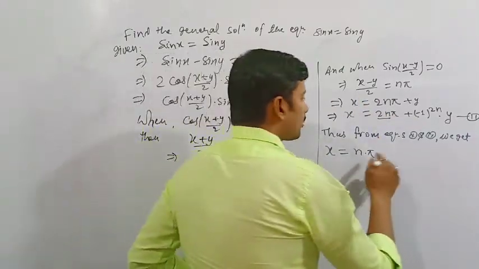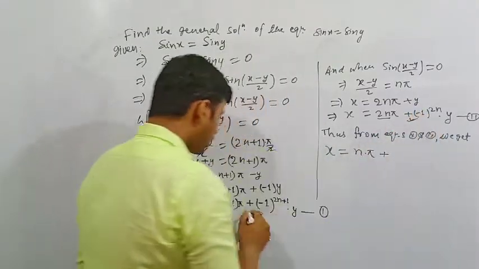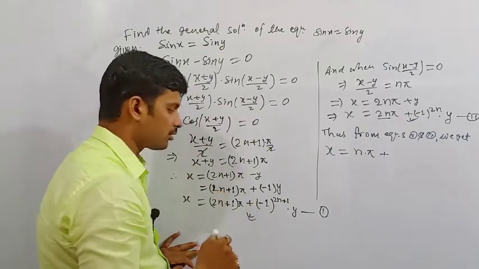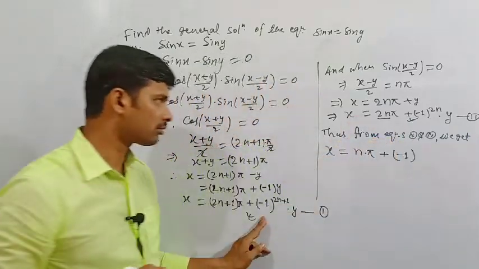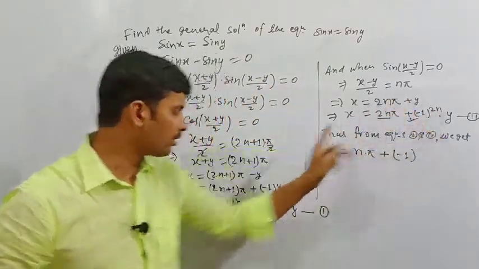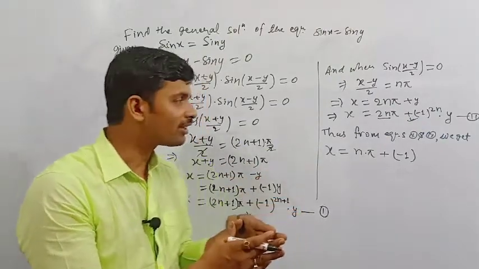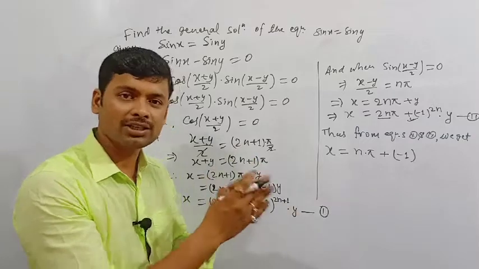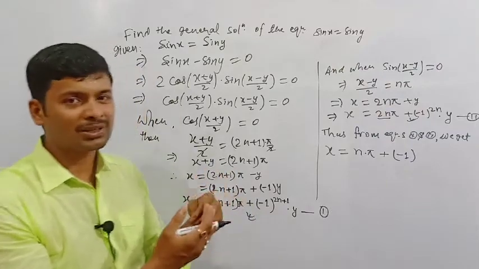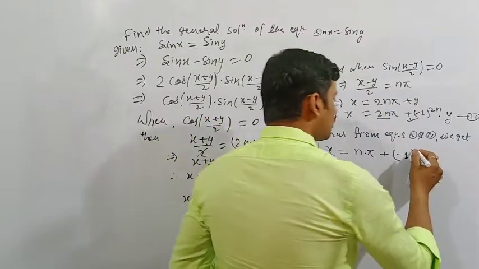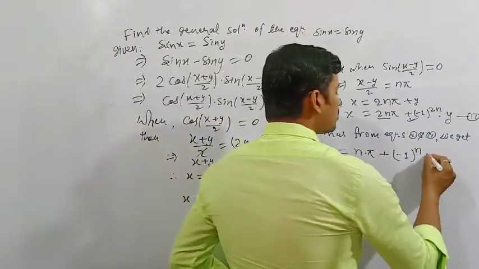After that we have to put a positive sign, because here is also a positive sign, and in this equation also we have a positive sign. After that, minus 1 raised to the power, here is an even number and here is an odd number. So we have to choose a number so that it can give us even and odd in different situations. So we put here n, that means any integer, into y.